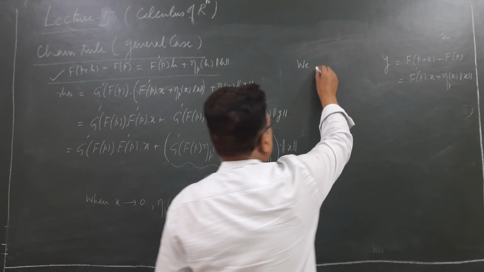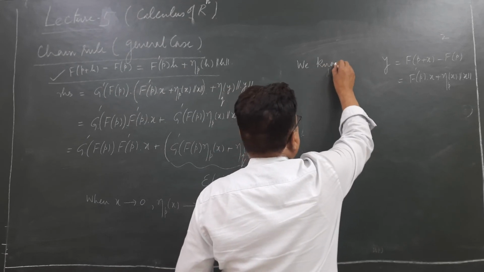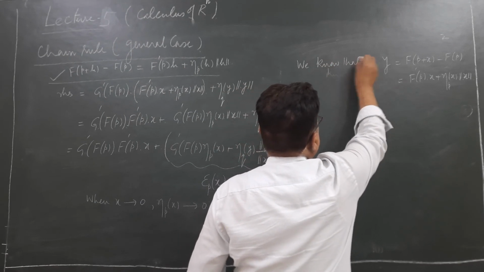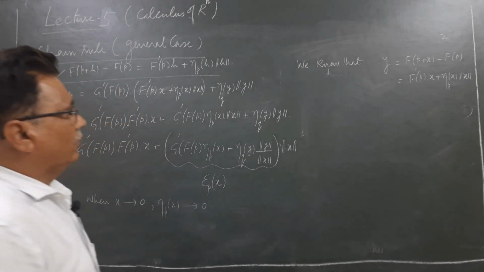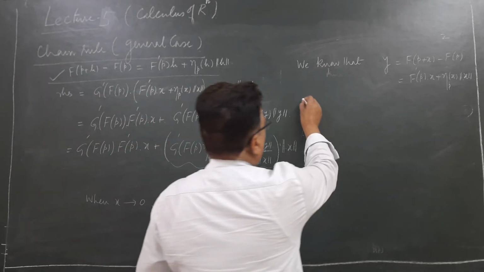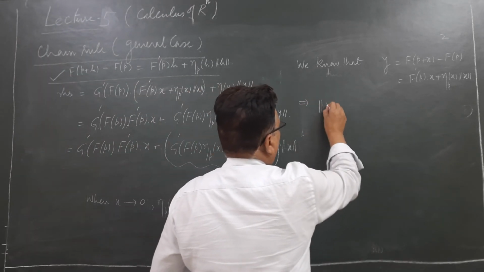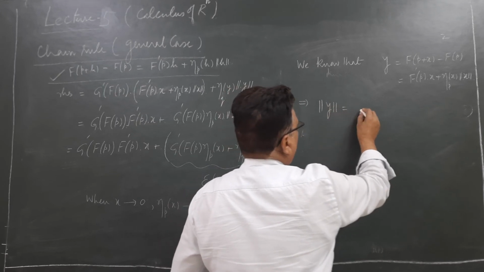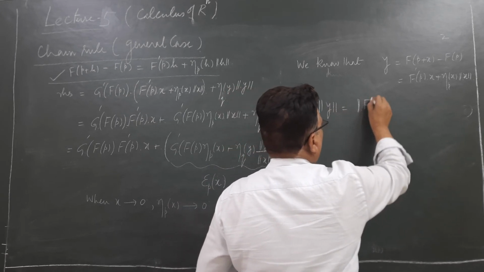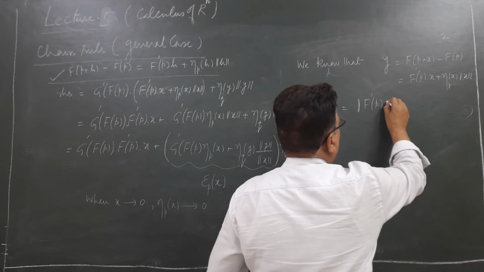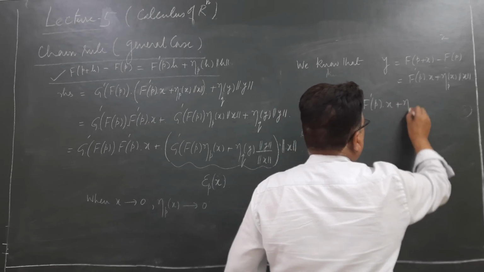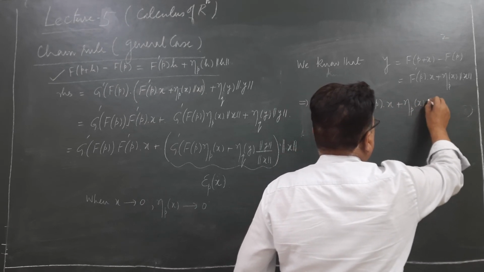So, we know that y equals this, and this implies norm of y is equal to norm of f dash p into x plus eta p x into norm of x.